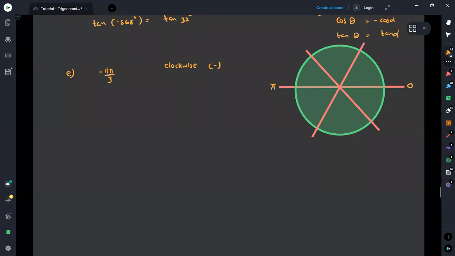Now we have to count it for 11 times pi over 3. If we have 1, 2, 3, then the entire round is 6, then 7, 8, 9, 10 and 11. Here we are getting 11 times pi over 3. In this way we can find 11 times pi over 3.